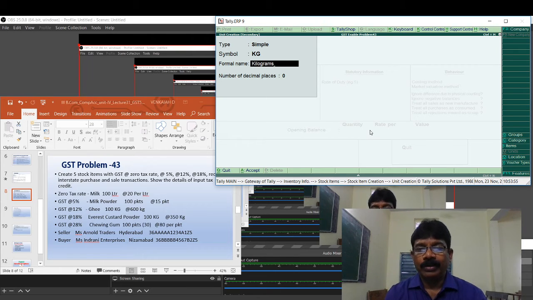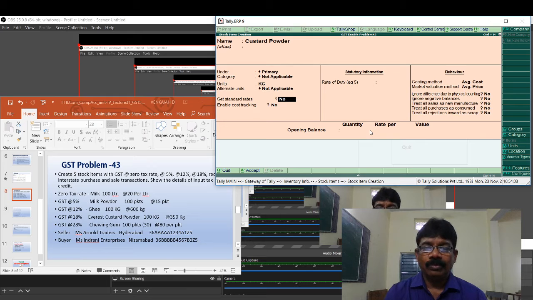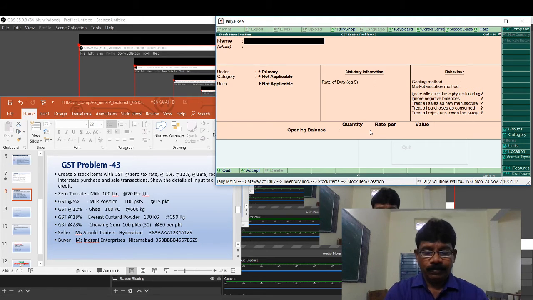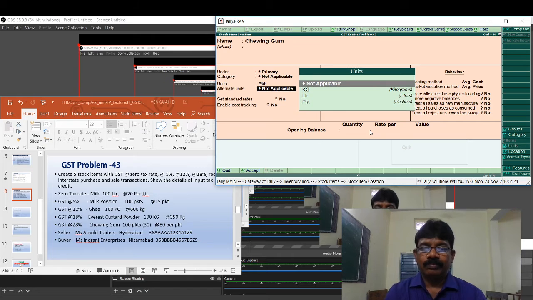All these we know very well because we practiced earlier. Here we are discussing only for understanding the GST features of Tally. Chewing gum, packets.